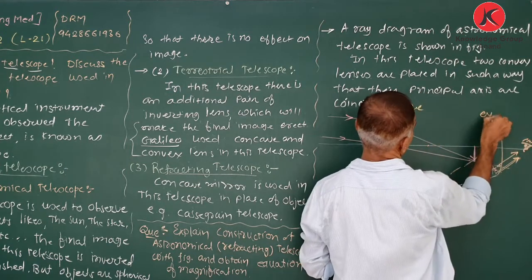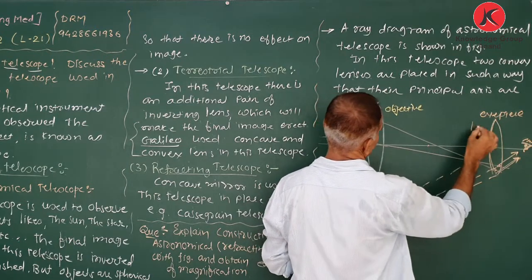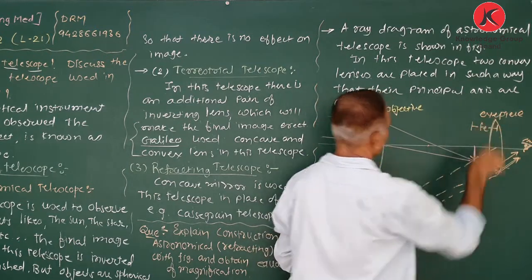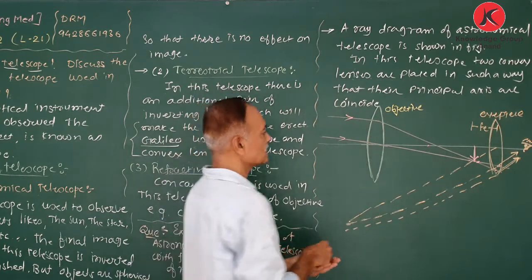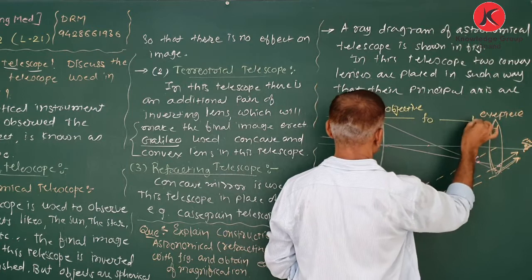That is the eyepiece. Now, this length is known as fe, the focal length of the eyepiece, and that is the focal length of the objective.